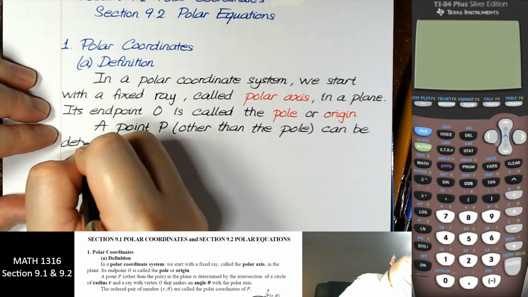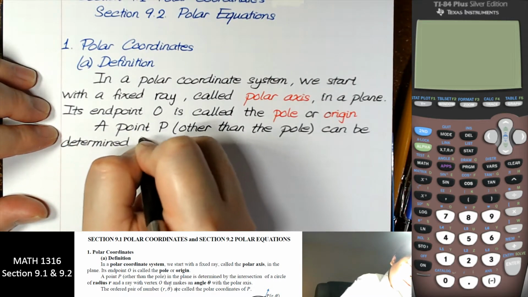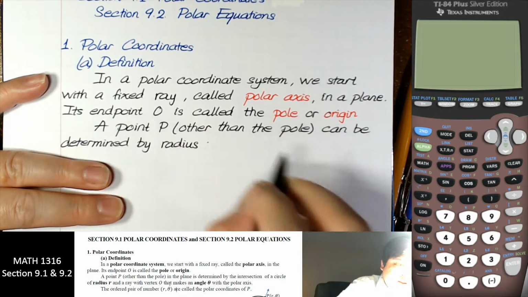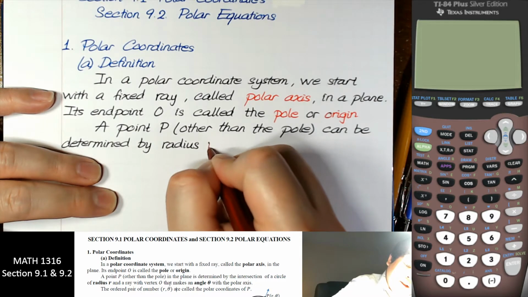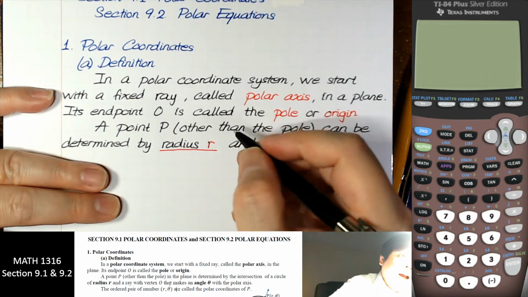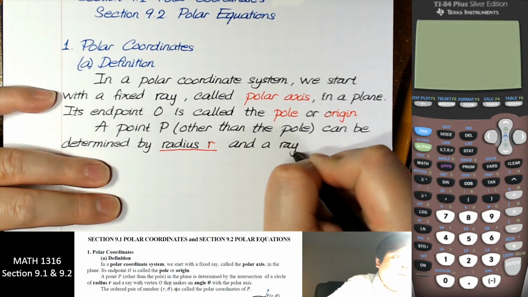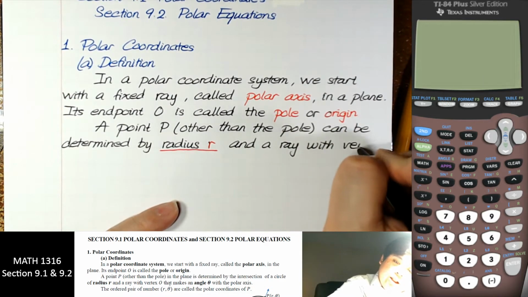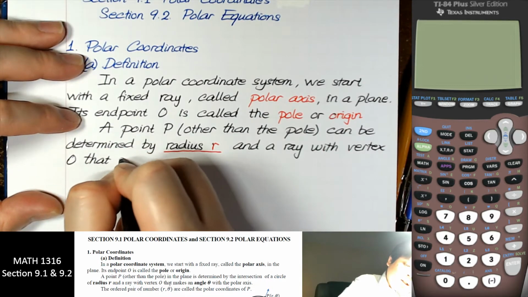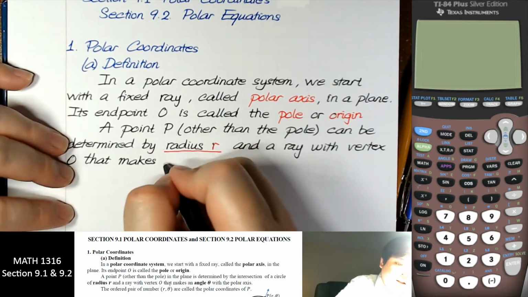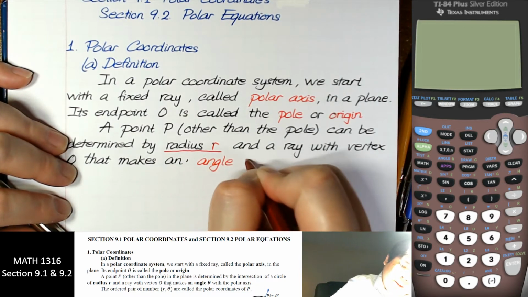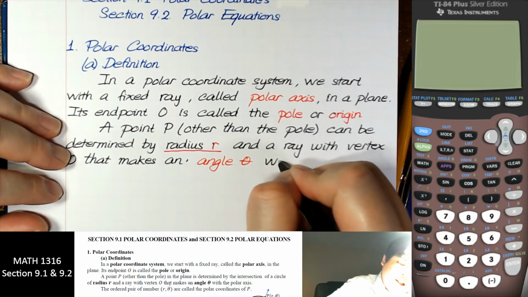It can be determined by radius r, and a ray with vertex O that makes an angle theta with the polar axis.